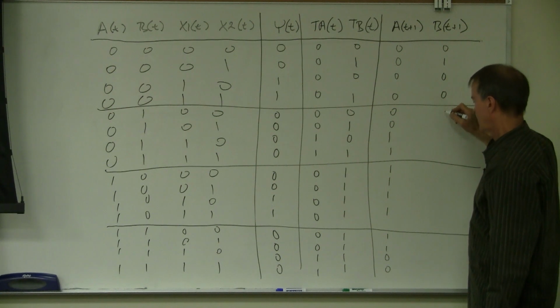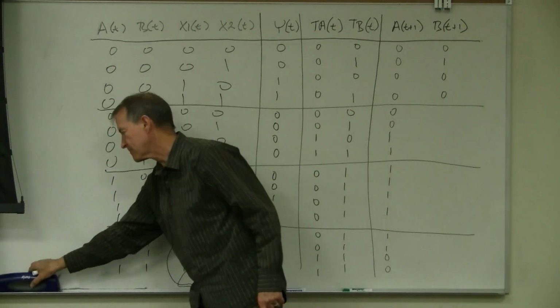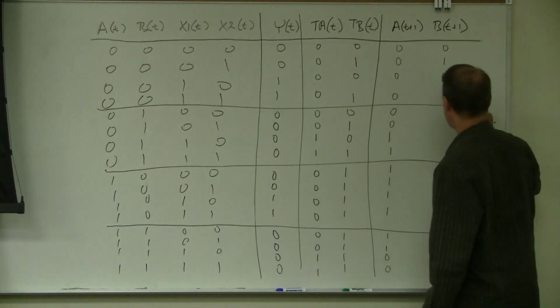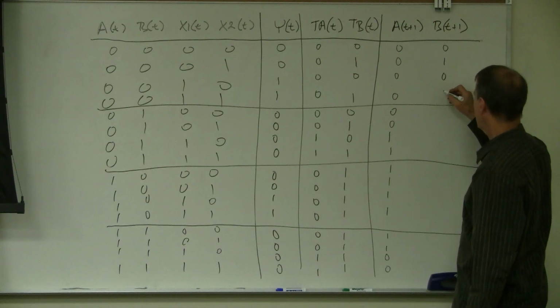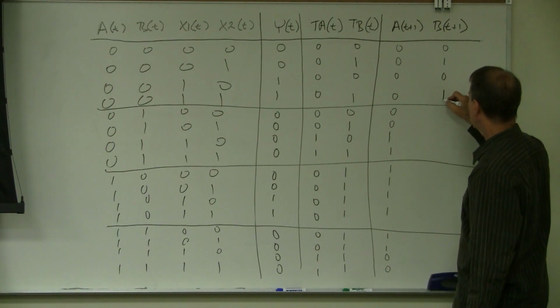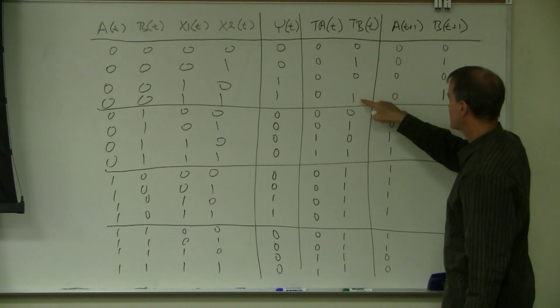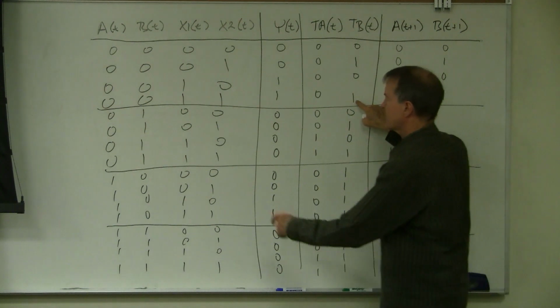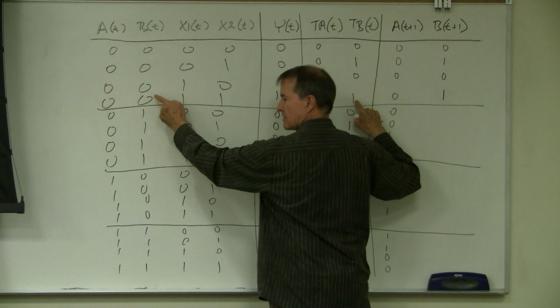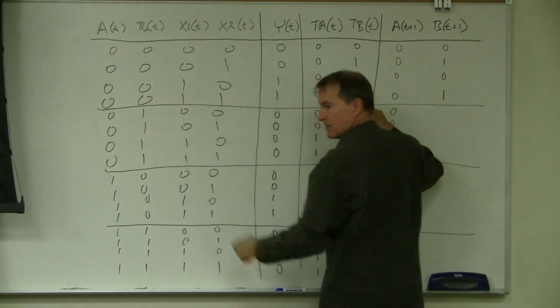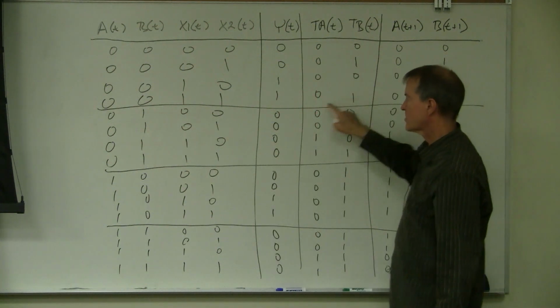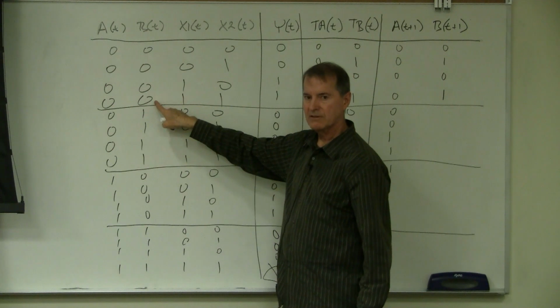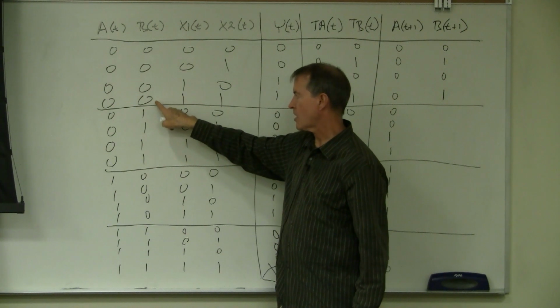Wait, no, it's wrong. Looking at the wrong one. So you said this now is 1 because it's going to toggle this state. Is everybody with me? This is going to toggle from 0 to 1.